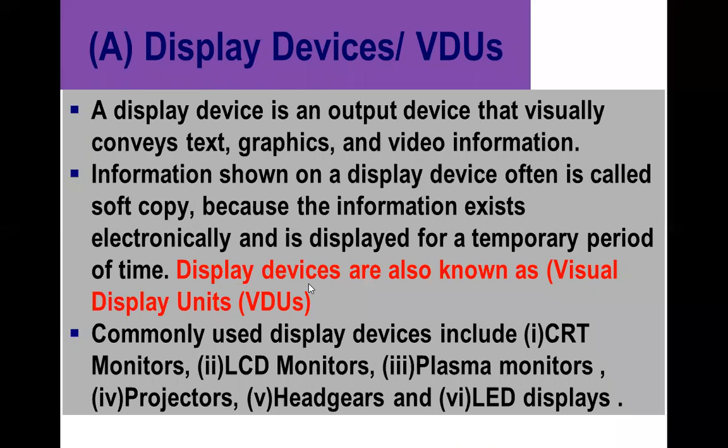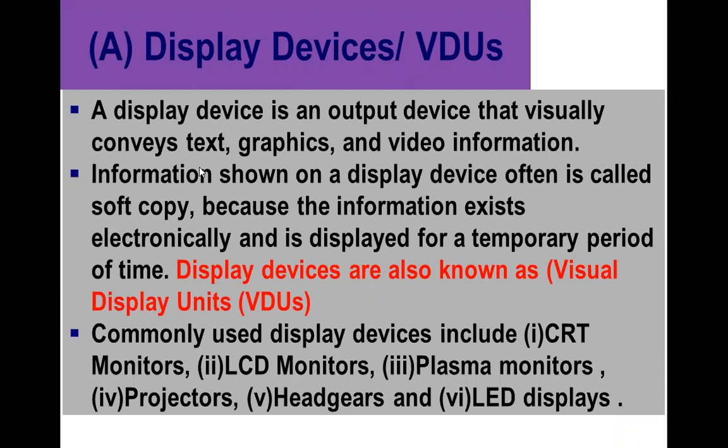After looking at the categories of output hardware, let us look at the devices, the output devices used to convey information or data to the users. And we said we have display devices, we have, what else?